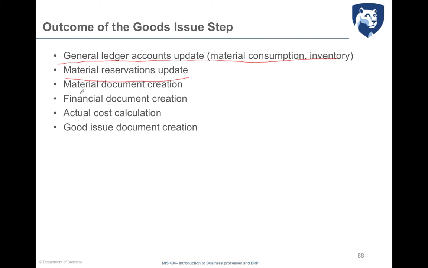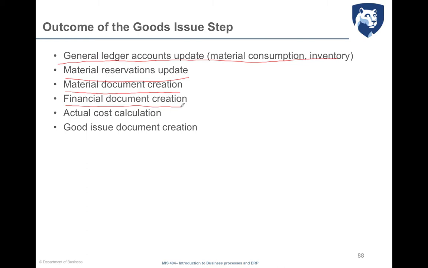Then, because these steps involve a goods movement, of course, a material document is created to record data associated with this movement. And again, because the general ledger accounts are affected, financial documents will be created to record this financial transaction.